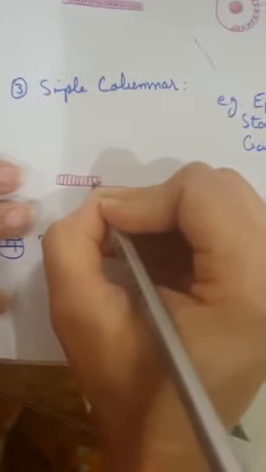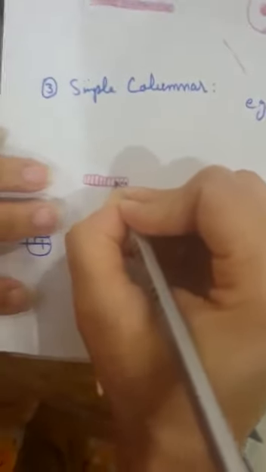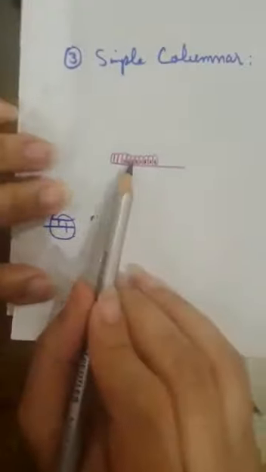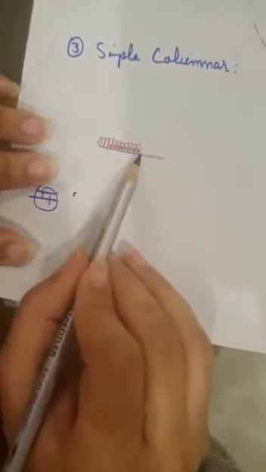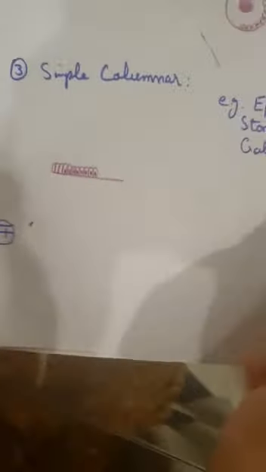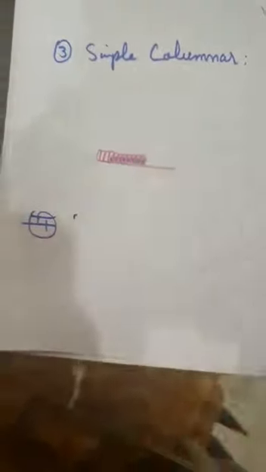Now what will the nuclei be like? The nuclei will be elongated, lying towards the base. Now I am filling it with the cytoplasm. So this is the simple columnar epithelium.